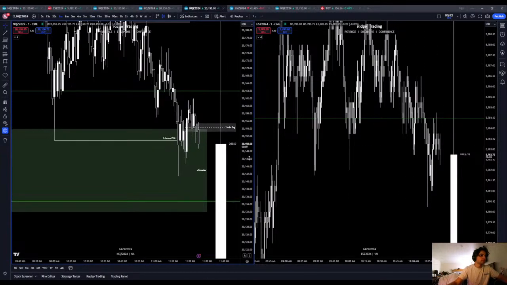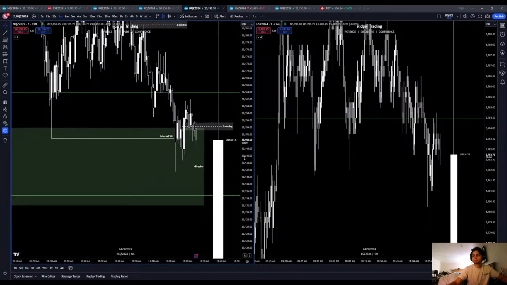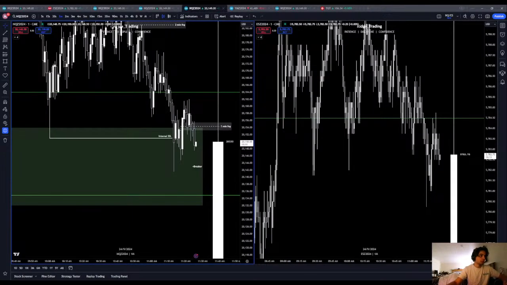All right, see if this closes under here. 7 seconds left. So we did get the close under, so it does look like we're going to continue lower here.